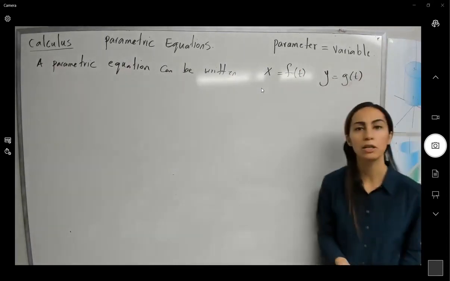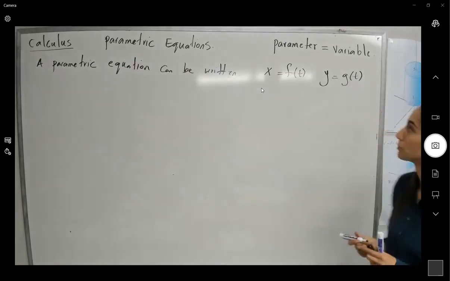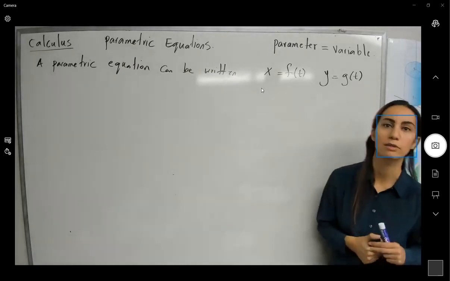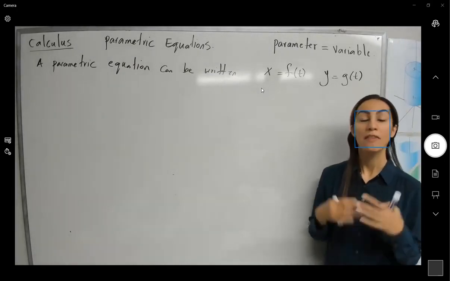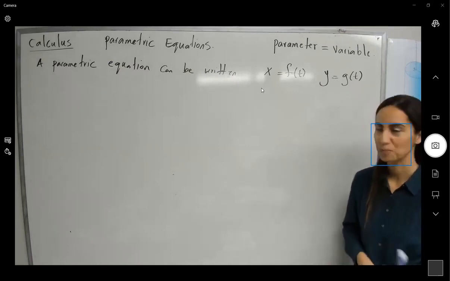This function can be a linear function, quadratic function, radical function, anything that you like. Our goal is to find those parameters that make the computation easier.